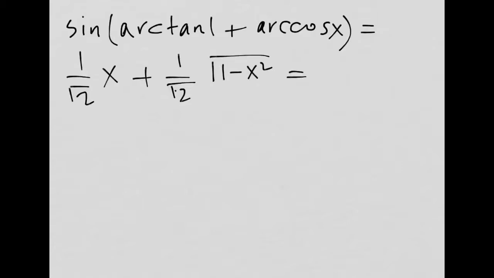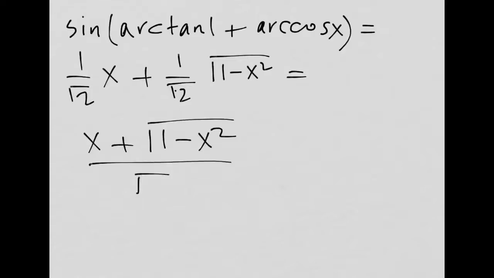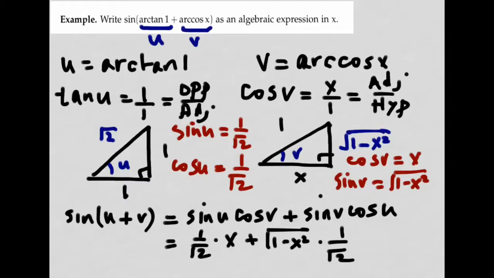We can write that in compact form as x plus square root of 1 minus x squared divided by the square root of 2. Notice this final answer contains no trigonometry whatsoever, which was the original point of the problem. We would like to write sine of arctan 1 plus arc cosine x purely in algebraic form.